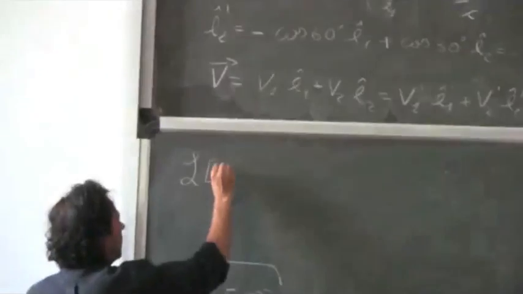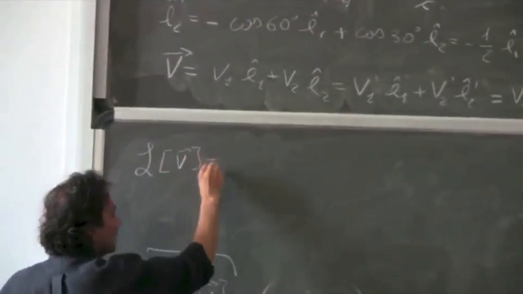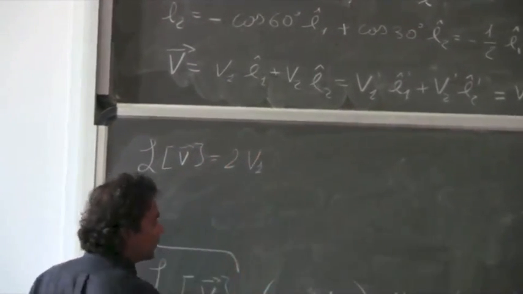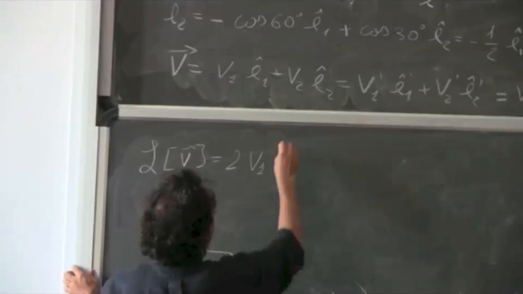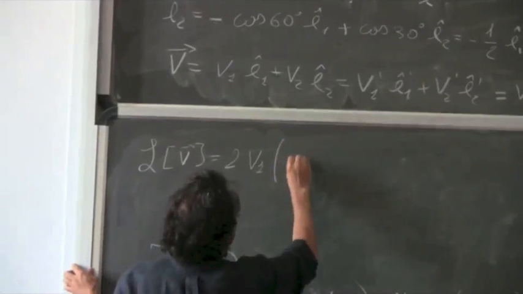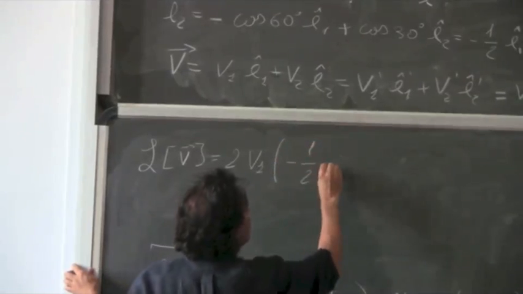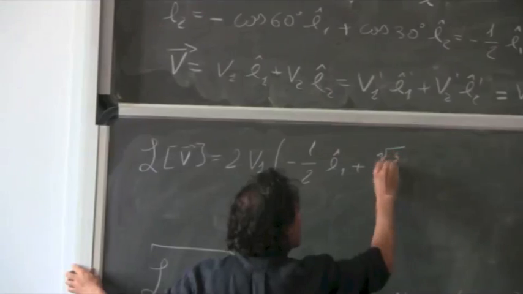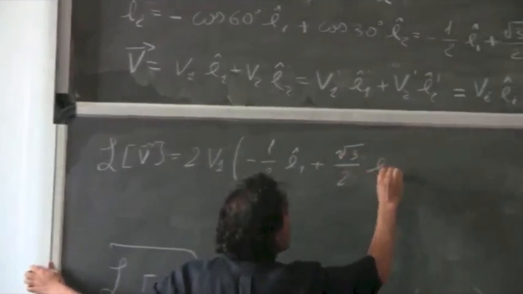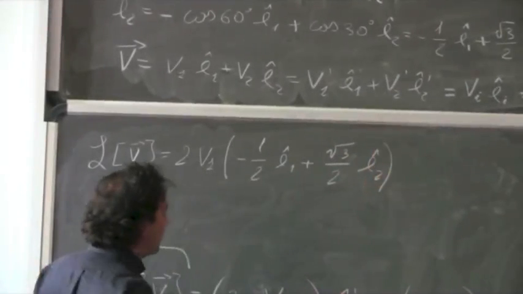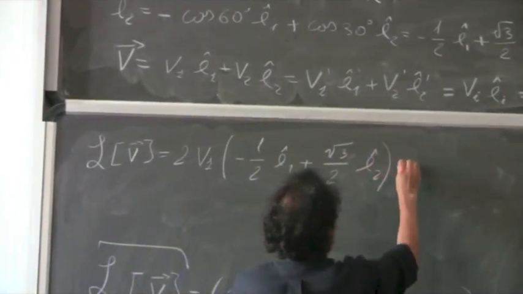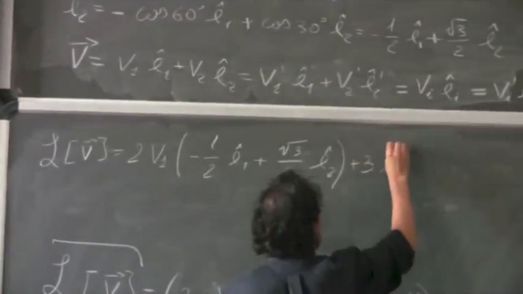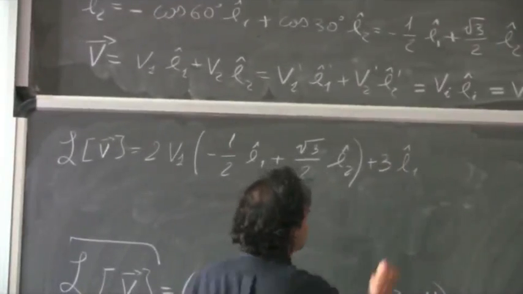So L of V is equal to 2 D1 multiplied by E2 prime. That means minus 1/2 E1 plus square root of 3 over 2 E2, plus 3 E1 multiplied by this. But what is this?